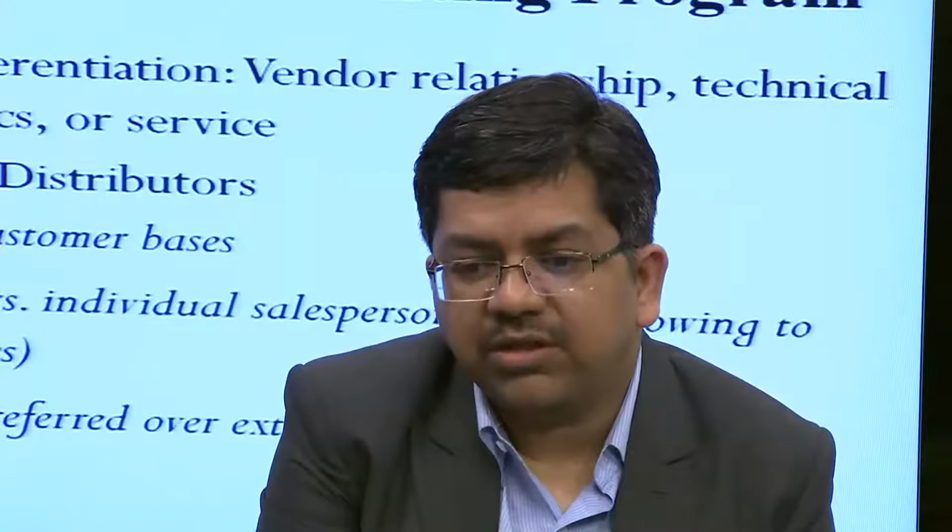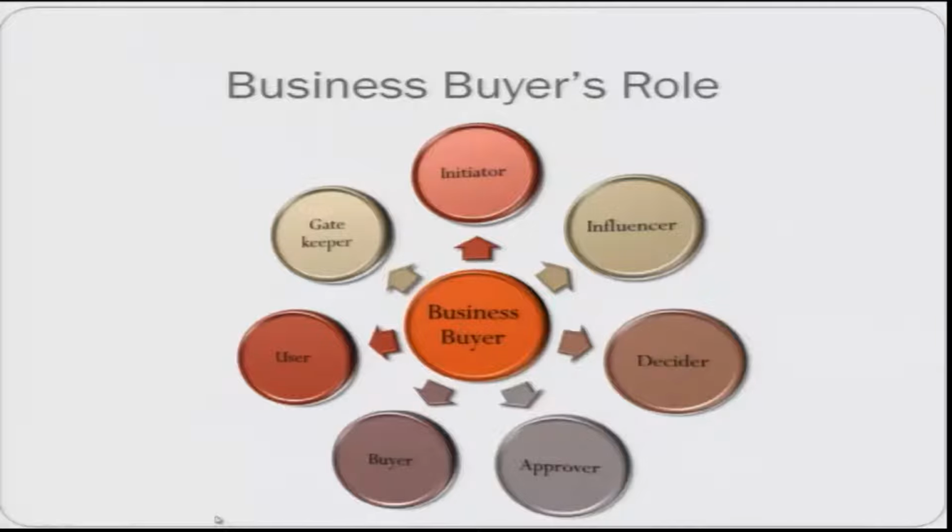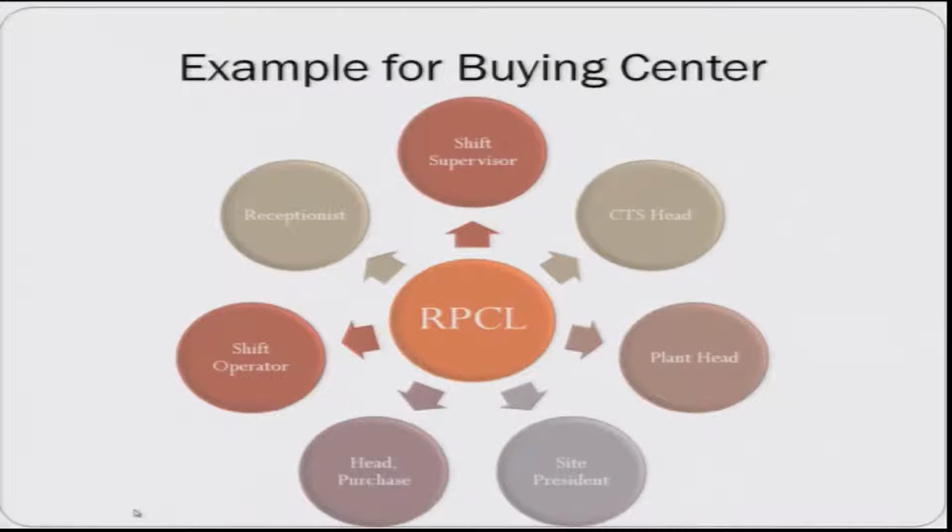Then we have looked into the concept of buying center, where we have understood the different roles within the organization that are played by the different functional areas or the different people in the procurement process. There were 7 important roles: initiator, influencer, decider, approver, buyer, user and gatekeeper. We have looked into the definition of each one of them, and I have tried to explain this concept to you through an example, and also explained that the role of these different influences changes with the different stages of the buying process.